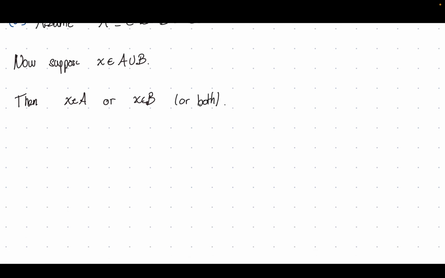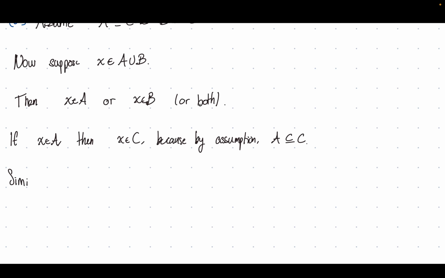If X is in A, then X is in C, because by assumption, A is a subset of C. Similarly, if X is in B, then X is in C, because B is a subset of C.